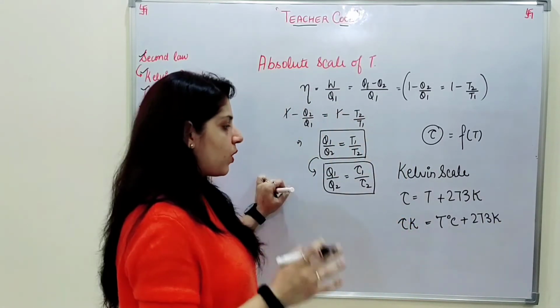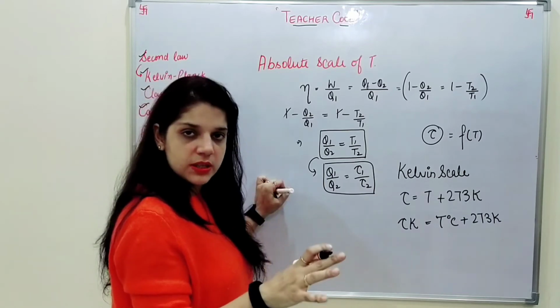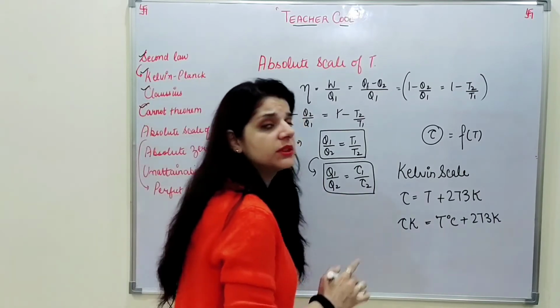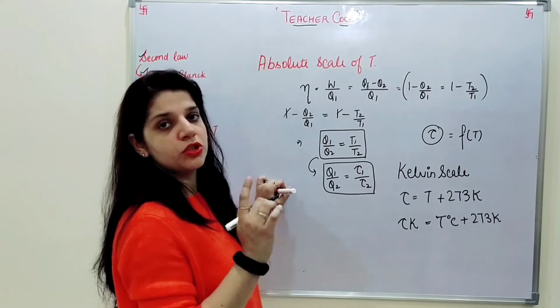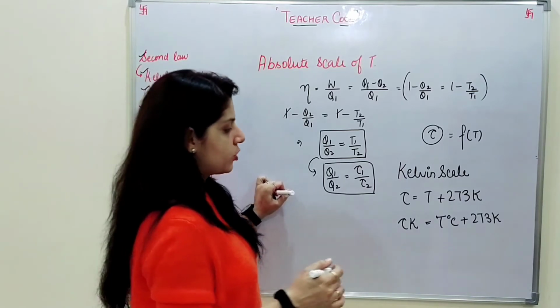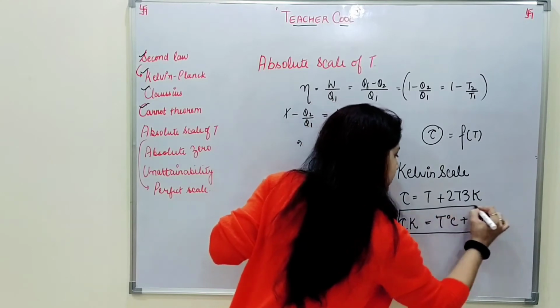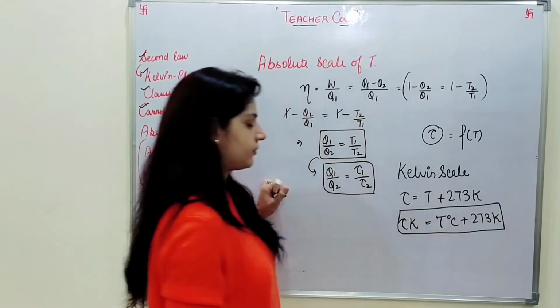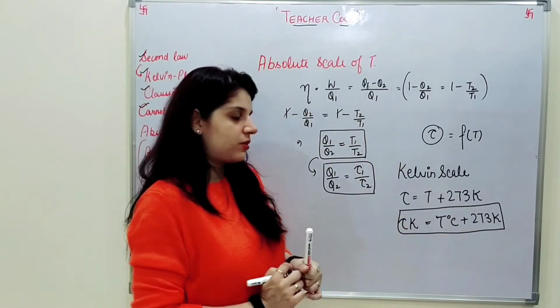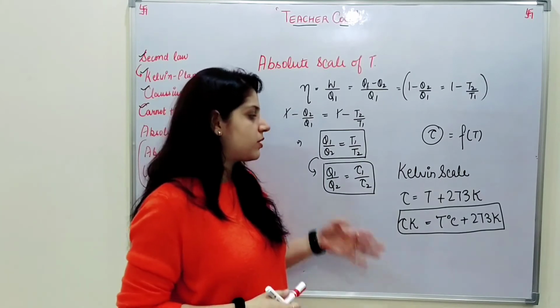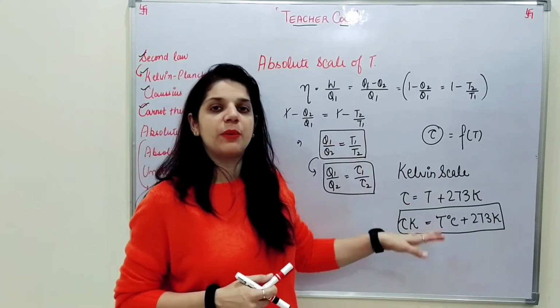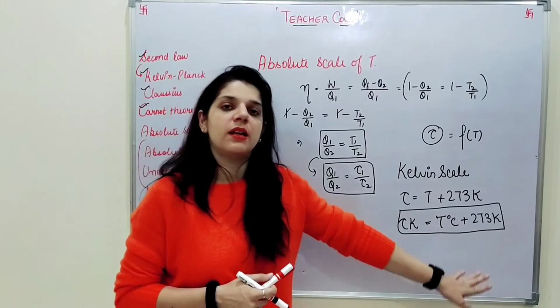Suppose I am working at a temperature of 0 degrees Celsius, so that means in the Kelvin scale my temperature is 273 Kelvin. So this is the relation of this absolute scale of temperature. Whenever we will be doing calculations or statements or results, we will always give the temperature limits in the Kelvin scale.